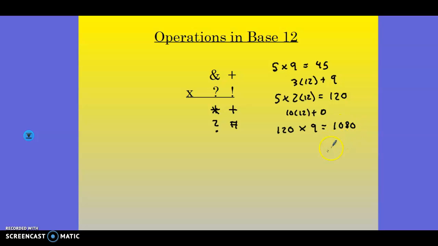Well, that's beyond 144, so take out the 144s. There are 7 of those, 7 144s. After you take out the 7 144s, you're left with 72. You're left with 72, and that's 6 12s and no 1s.